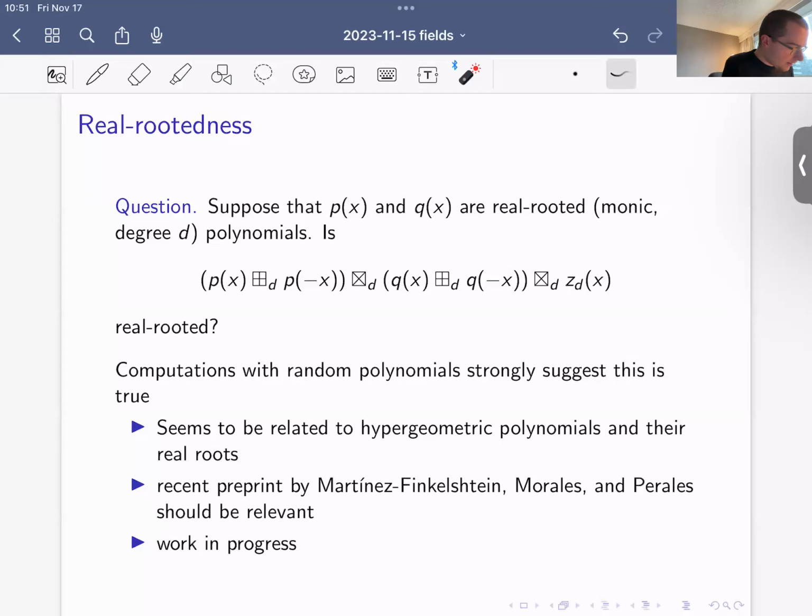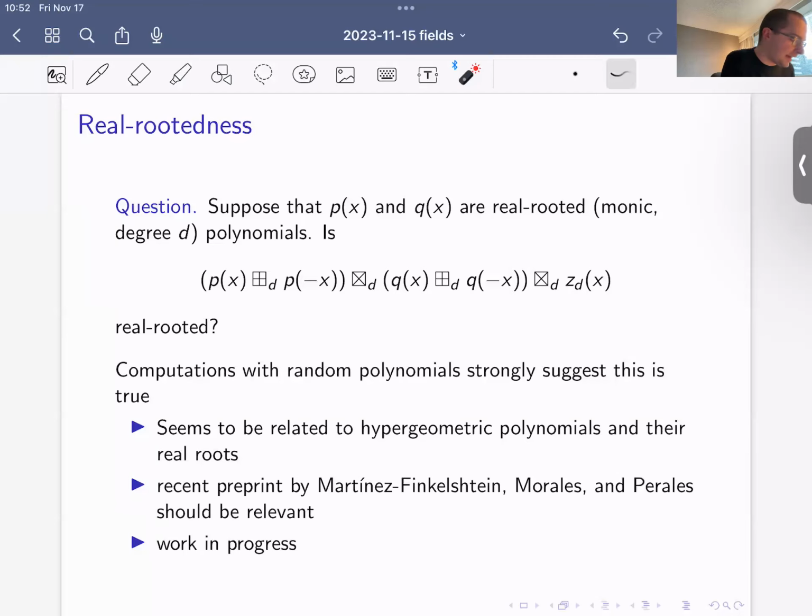But the one insight that I've had together with Daniel Perales and Rafael Morales is that it seems to be related to hypergeometric polynomials and when they're real rooted. There's this recent preprint by those two and Andre Martinez Finkelstein, which is basically about how hypergeometric polynomials connect with finite free convolutions.